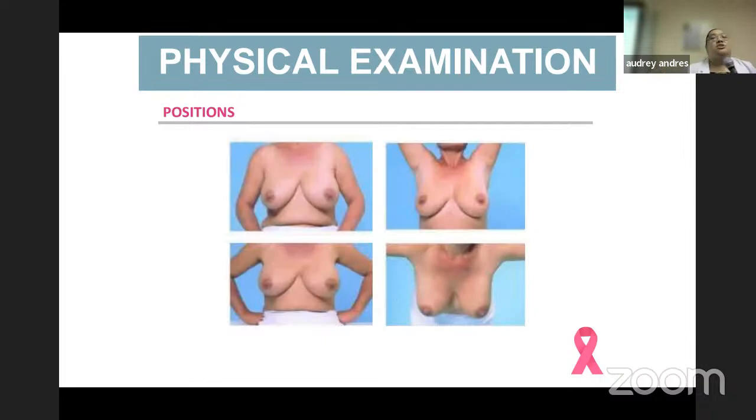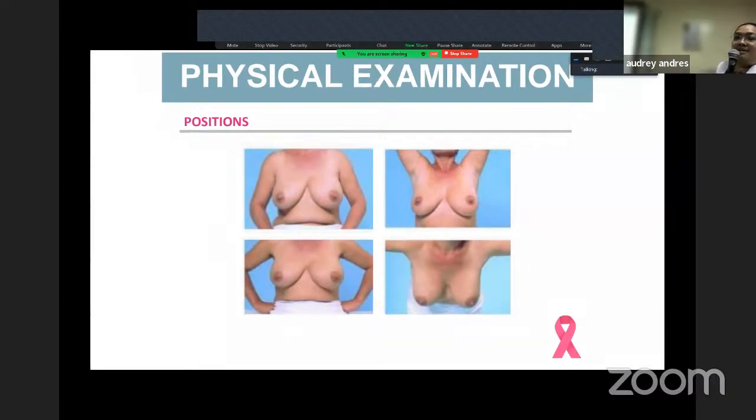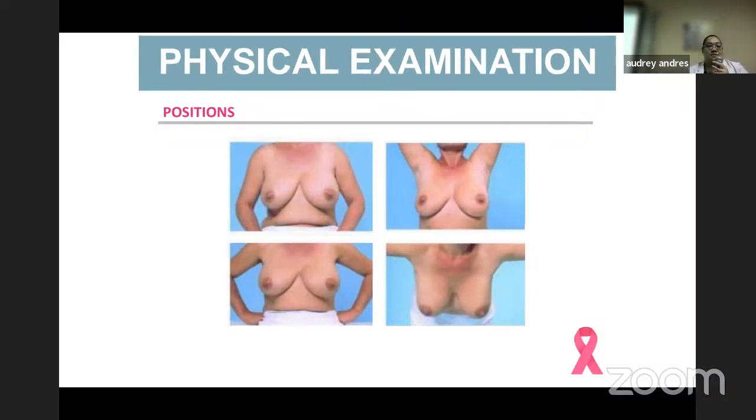So these are the positions for your breast examination. You'll learn that in surgery.